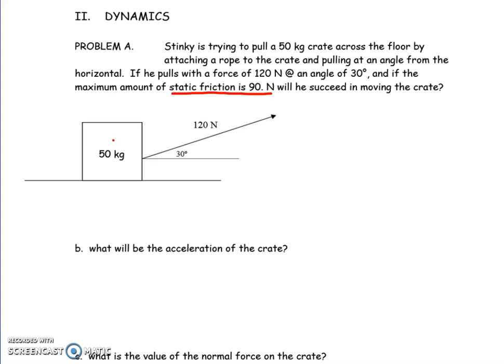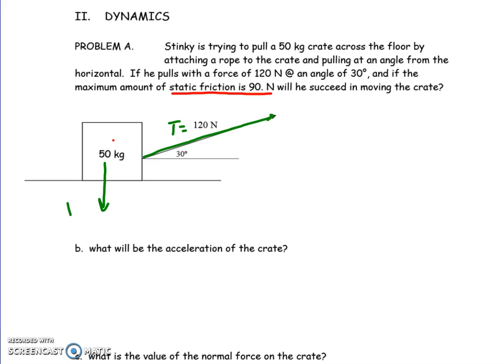So let's do a force diagram so that we can get a good handle on what's going on here. We'll do all the forces. So the first one is we have our applied force, or I'm going to call it tension since it's attached to a rope. So we know that the tension is 120 newtons, and it acts along the rope. So we already have the arrow here. So there's our vector. Okay, what else do we have? Of course, we got gravity.